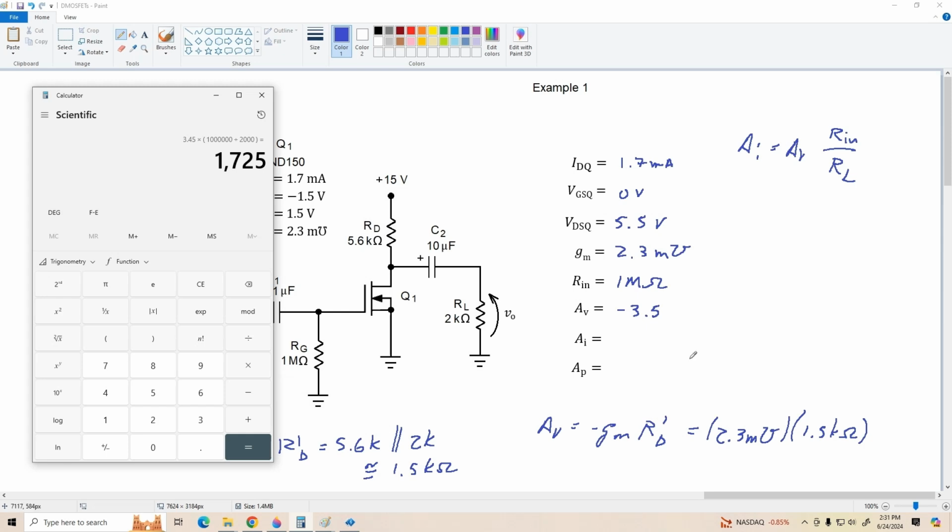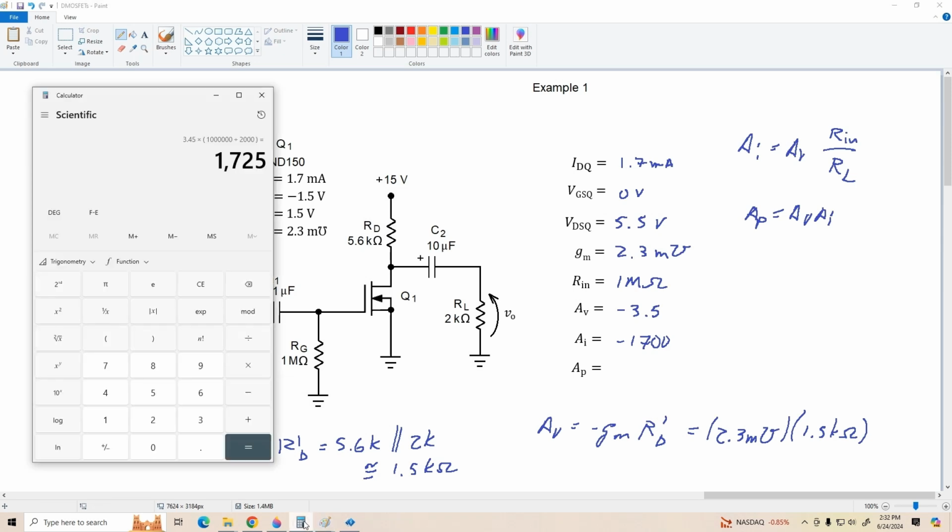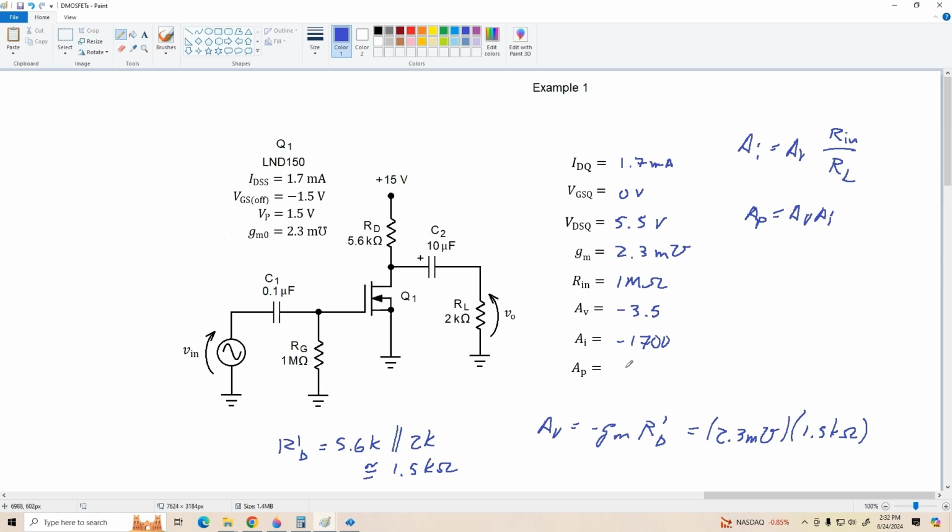Let's just call it negative 1700. And of course, power gain is the product of voltage gain and current gain. So we've got 1725 times 3.5. Power gain's about 6,000. Okay, so not too bad.